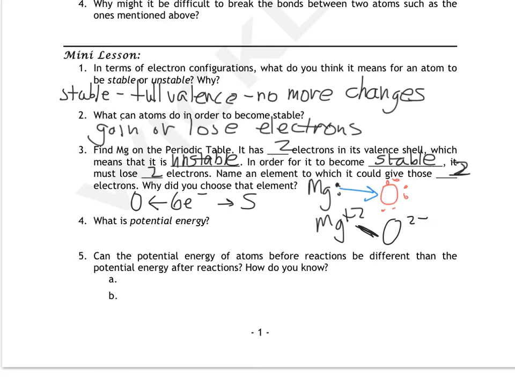Right now, I just want you to consider what potential energy is. Potential energy is an ability to do work, or you can think of it as stored energy. The potential energy of atoms can definitely change, meaning that the amount of energy that they have stored doesn't have to be constant at all times.